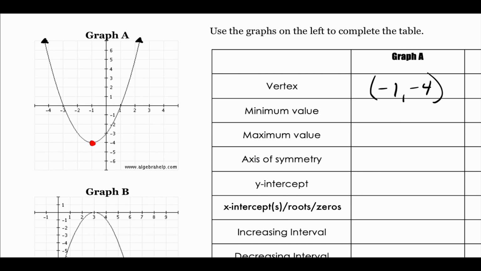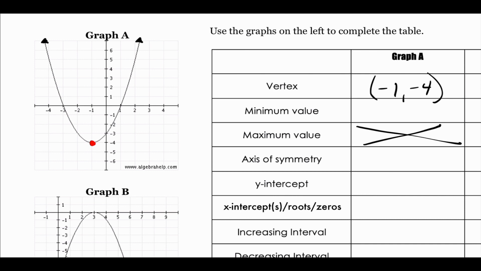Is graph A going to have a minimum or a maximum? It's going to have a minimum, right? So what do we put for the maximum? Nothing. Just put a little dash. This one's not going to have a maximum. When we put the minimum, we're not going to put the dot, -1, -4.